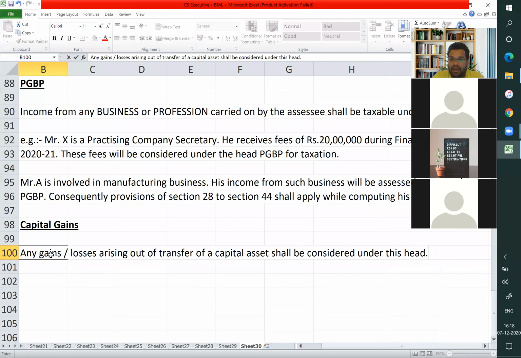So can you tell me examples of gains or losses arising on transfer of a capital asset? Exactly.